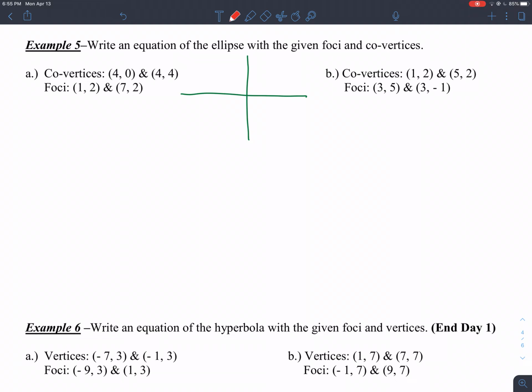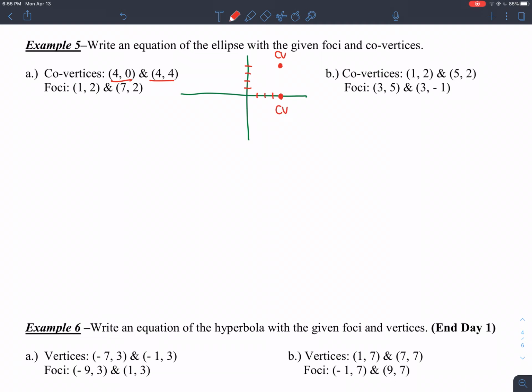Okay, so the covertices are (4, 4) and (4, 0). So 4, 0 here, 1, 2, 3, 4. This is a covertex, and then (4, 4), that would be up here. Here are my two covertices. I should have drawn that the other way.